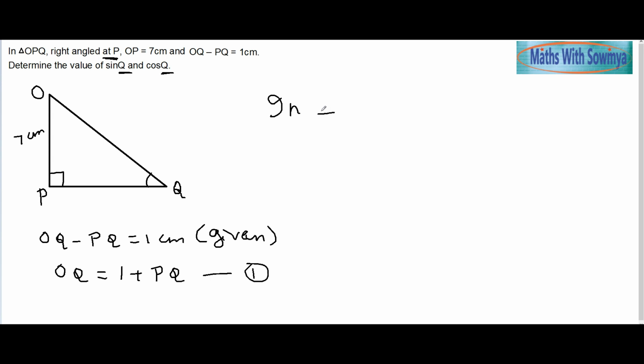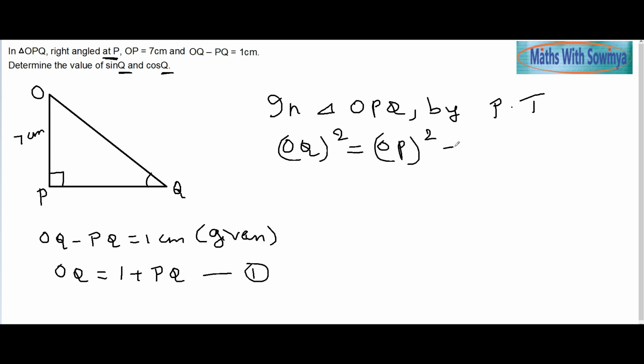Now in triangle OPQ, by Pythagoras theorem, OQ square is equal to OP square plus PQ square. OQ we have from equation 1, so in place of OQ I can put 1 plus PQ whole square.